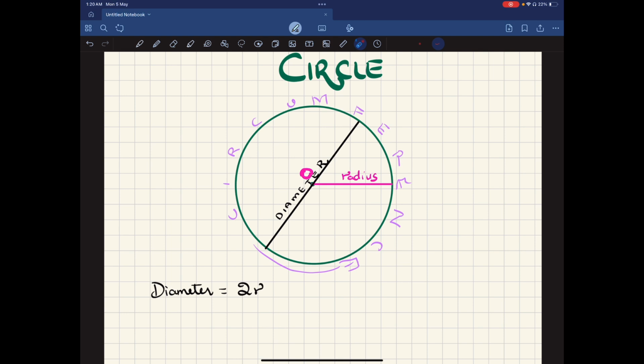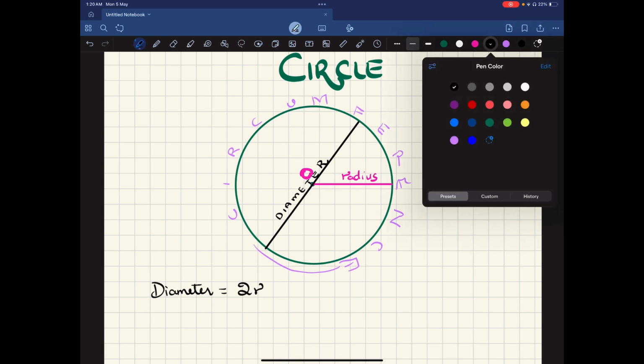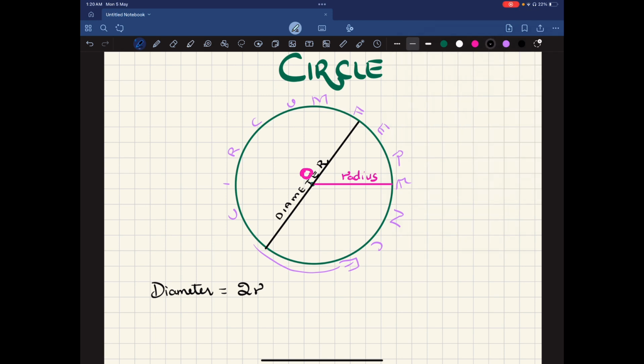Okay, what is a chord? A chord is a line segment connecting any 2 points on the circle without passing through the center, unless it is the diameter. Let's use another color. This is a chord. What is a chord?